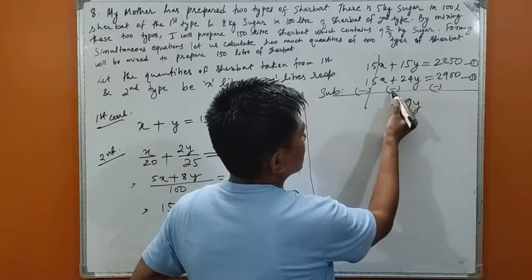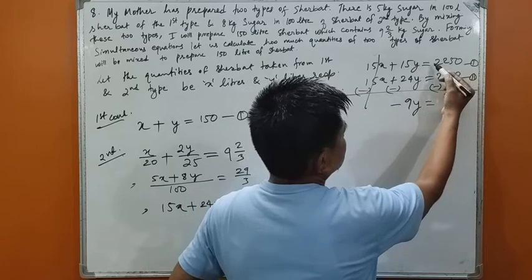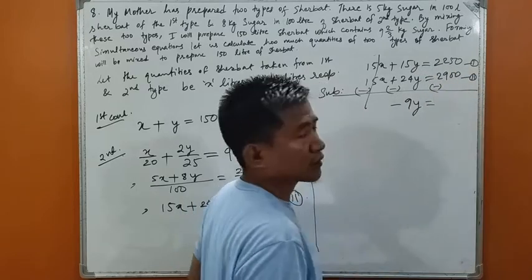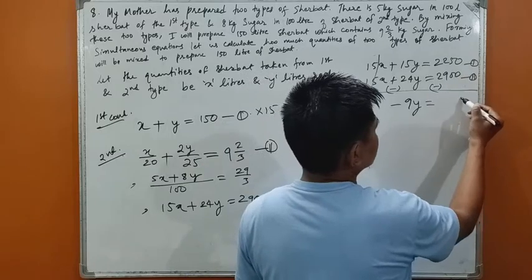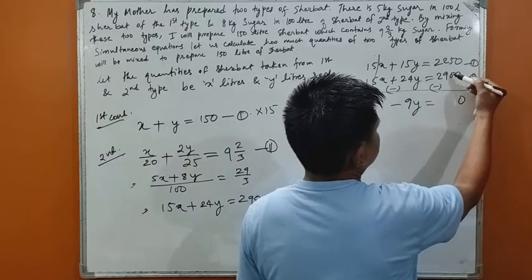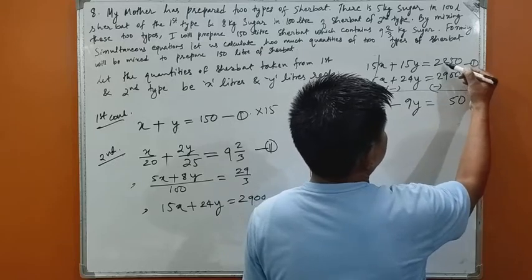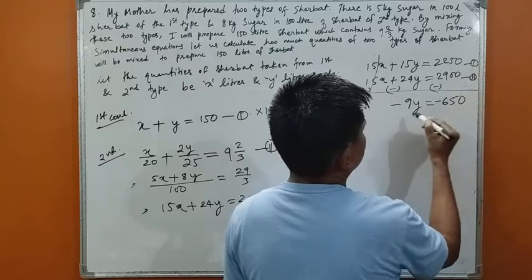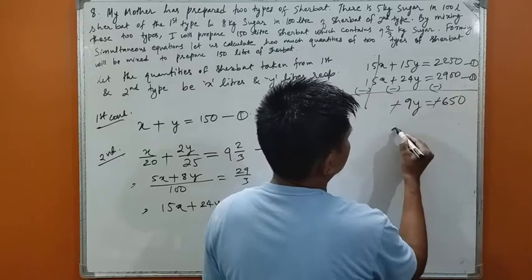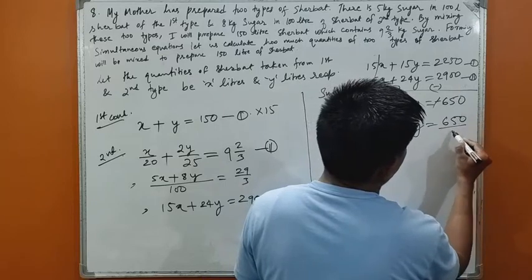So the sign of the greater number comes, that is minus, equals, here this 2250 is plus and this is minus, so we need to subtract this also, isn't it? So 0 minus 0 is 0, 10 minus 5 is 5, and this becomes 8, 8 minus 2 is 6. Now the sign of the greater number is minus, so this is minus. Minus minus cancels out, or y equals 650 upon 9.